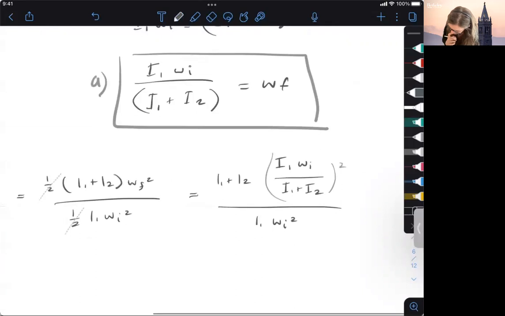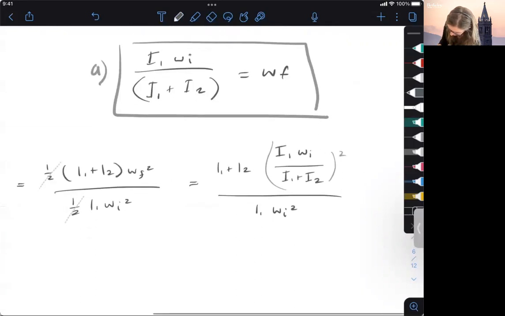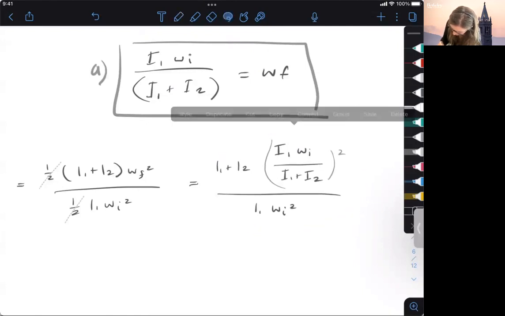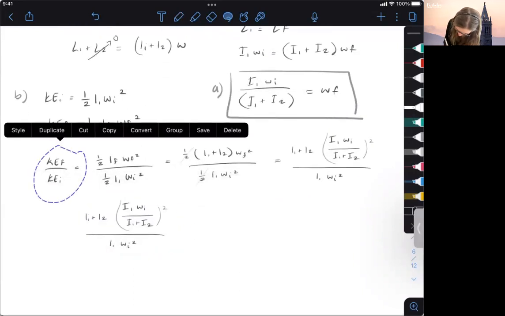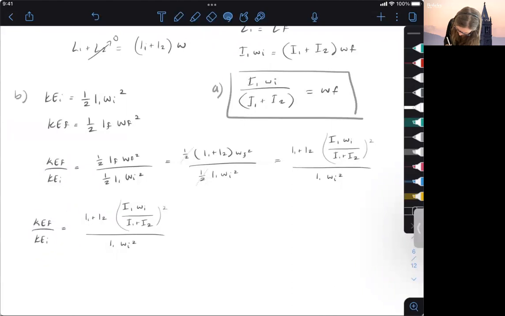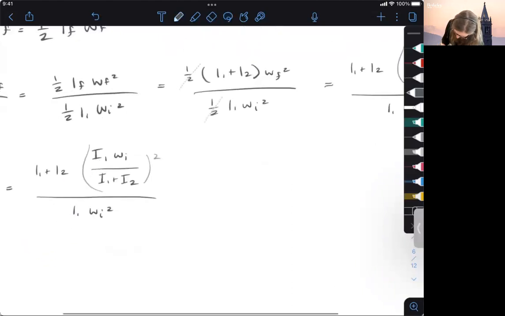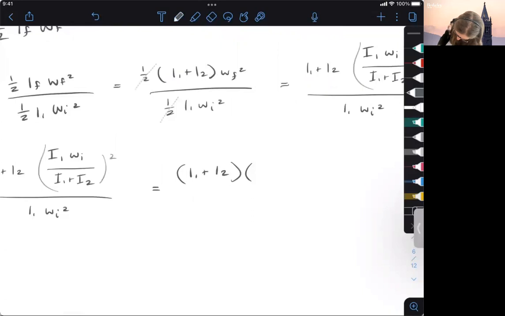So I end up with, if I think about pulling out this Wi term, then I can pull out I1 plus I2, and then I have I1 Wi divided by I1 plus I2, and this is still squared.